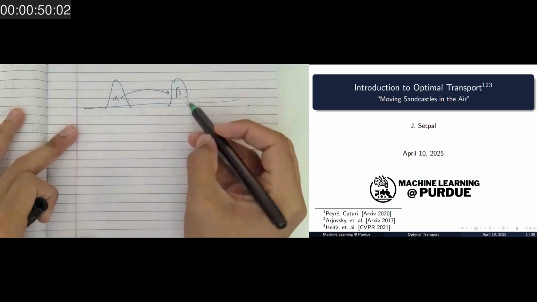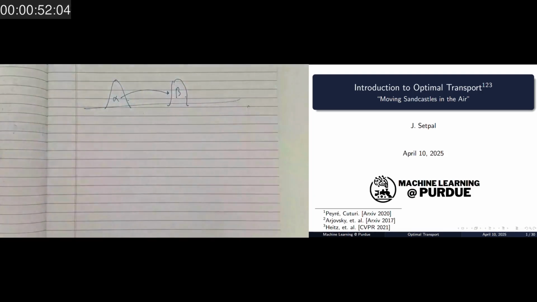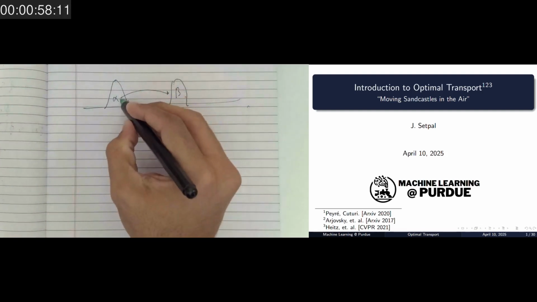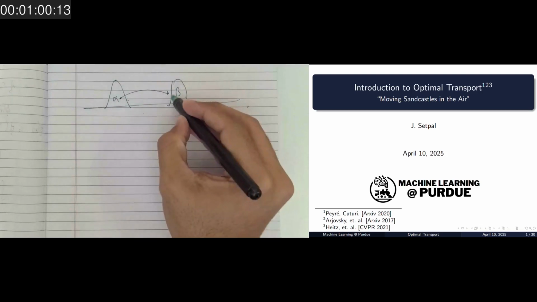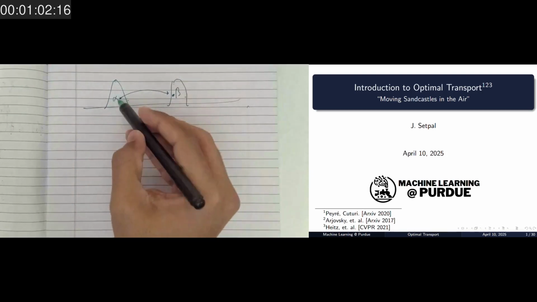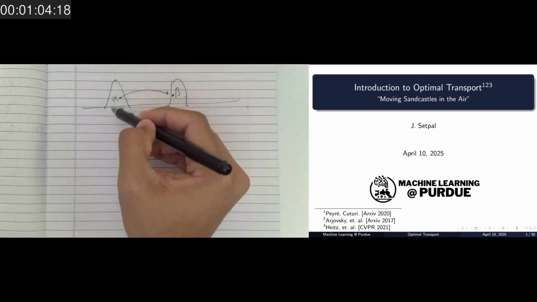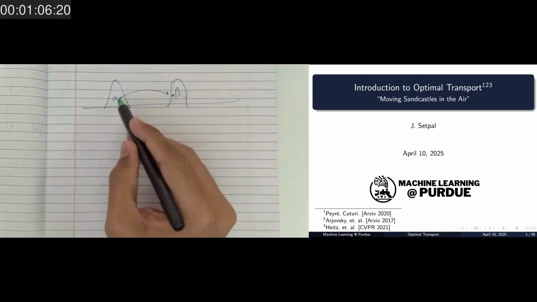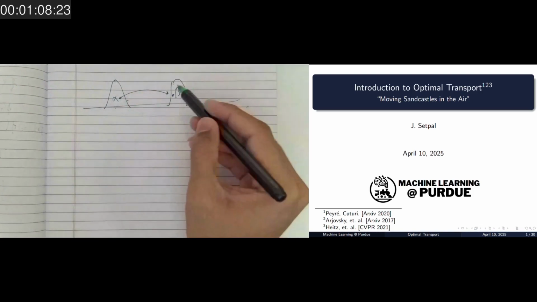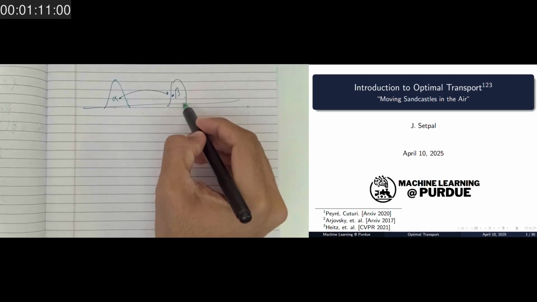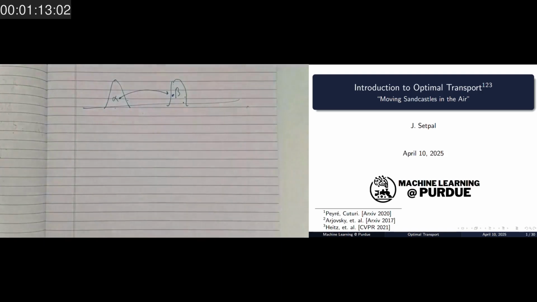The drawing is not very good, but the shape could be the same or it could be different. Now, you know the cost of moving a particle from here to a position here, and similarly for all of the particles of sand, you know the cost of moving them to all of the positions in your target space.